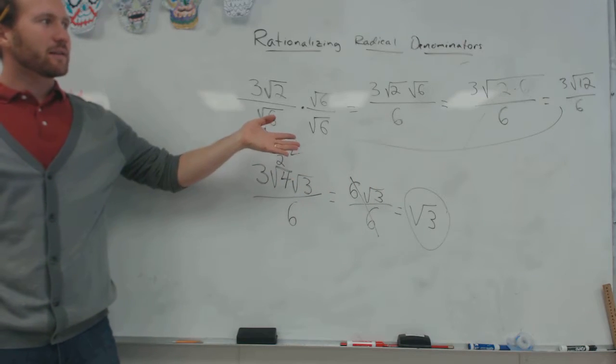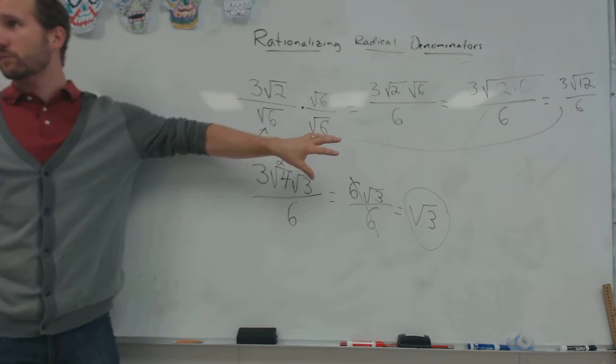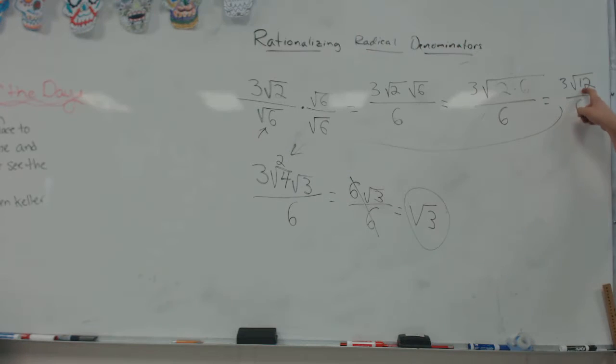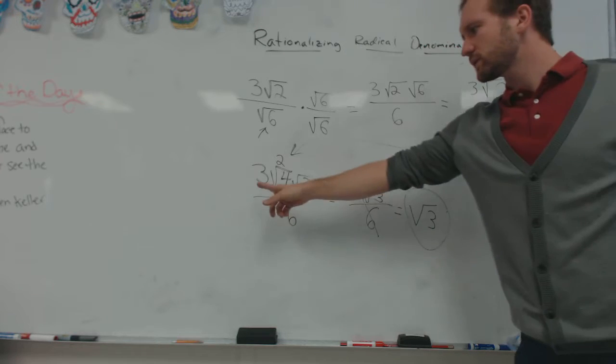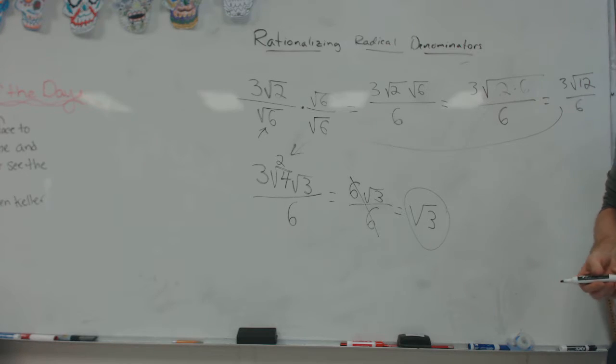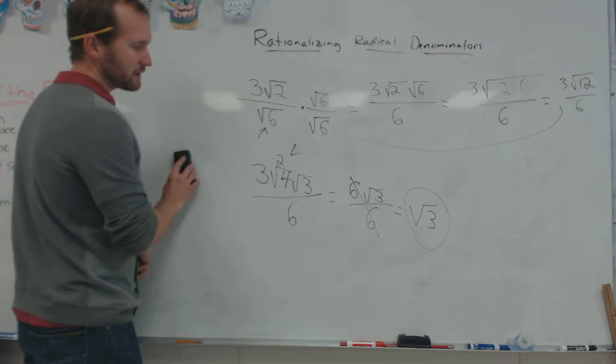But that's what we need to look out for, is all the stuff that you've been learning so far comes into play with these fractions. Right? You need to recognize when you can simplify a radical. You need to recognize when you can reduce a fraction. All that kind of stuff. So that's the basics.